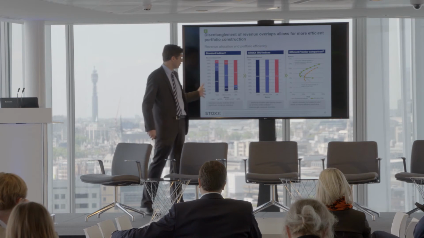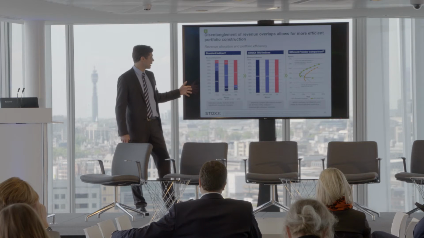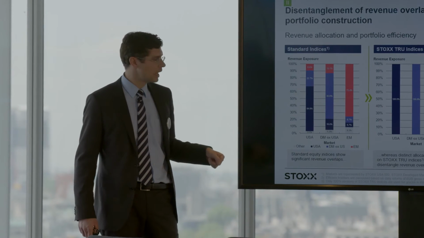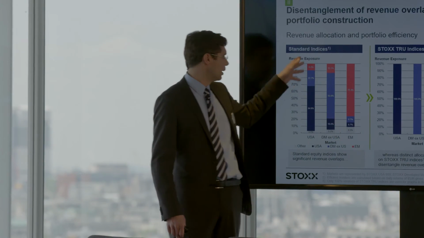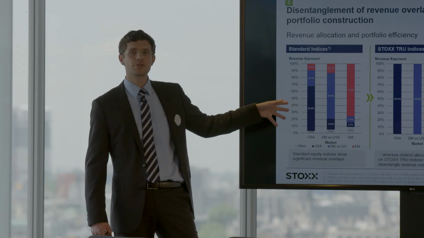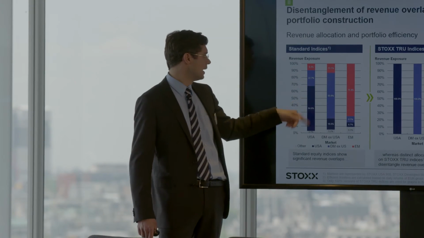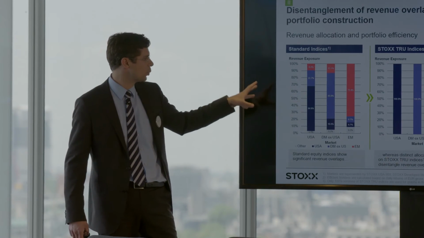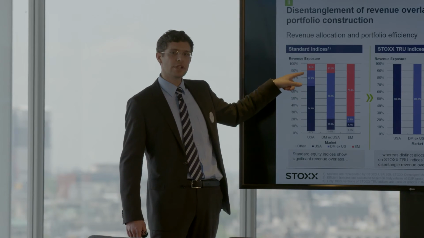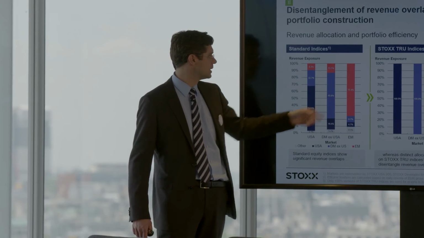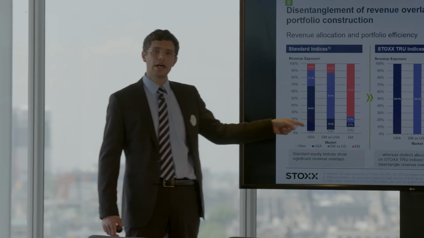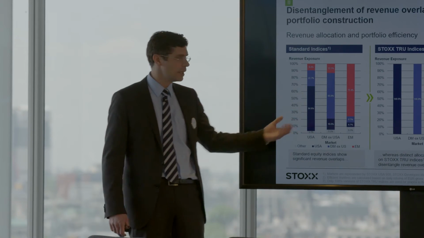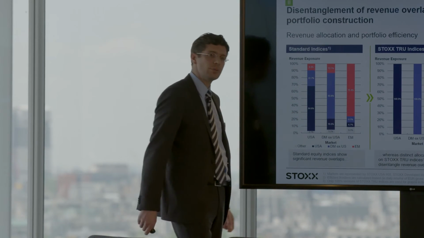If we span, as we've done here in this example, the world by 3 different regions, the United States, developed markets outside of the United States, and emerging markets, and plot the respective regional source of revenue allocation, we find that, as just mentioned, US companies generate only about 65% of their revenues within the United States. 22.7% of the revenues are on average generated in developed markets outside of the United States.